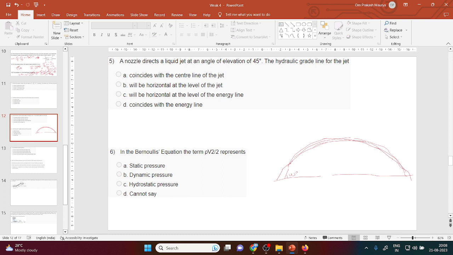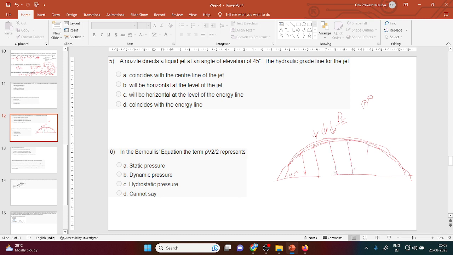If it is asking for the hydraulic gradient, you know what the pressure is: everywhere it is atmospheric pressure, right, because it is open to the atmosphere. And these are the datum head.